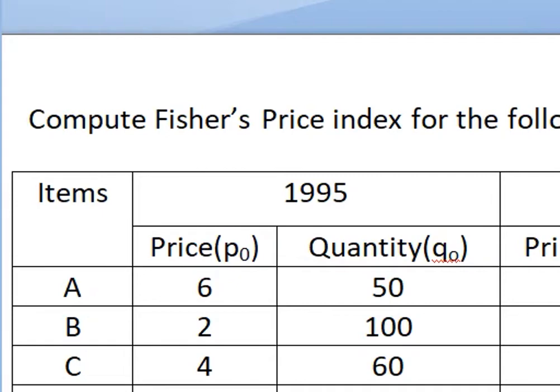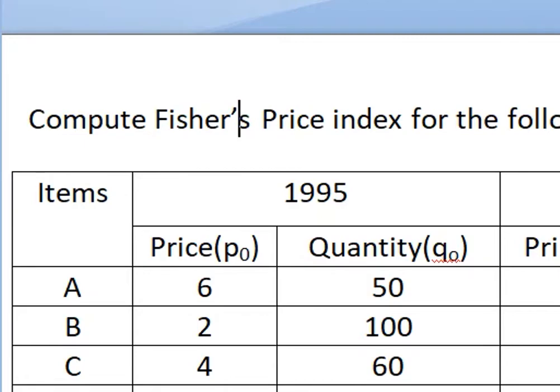Okay, so now we shall solve the problem. Compute Fisher's price index for the following data. They have given 5 items, then they have given price and quantities of 1995, which is the base year, then price and quantities of the current year, which is 2000.